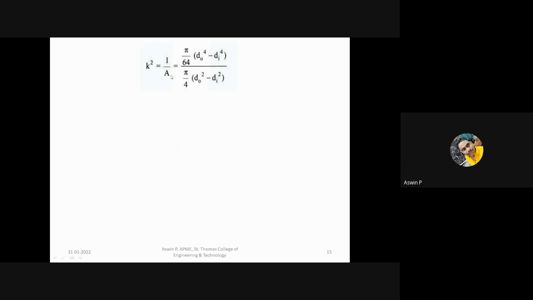First of all, you need to calculate A, the area of cross section of the hollow cylinder. Here they have done it directly by combining similar terms. That is, pi is multiplied, and 64 by 4 will become 1 by 16, and do raised to 4 minus di raised to 4.